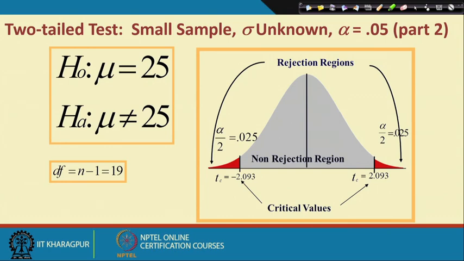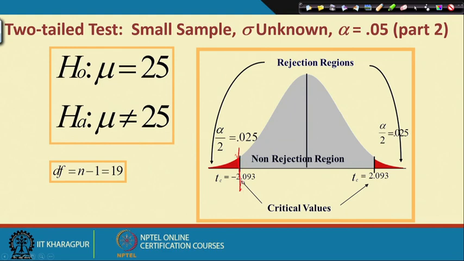Then you go to the t tables. Like the Z table, we have t tables corresponding to the degree of freedom and your alpha value. You will find a critical value, and that critical value will be fixed here, the same as in the Z test.